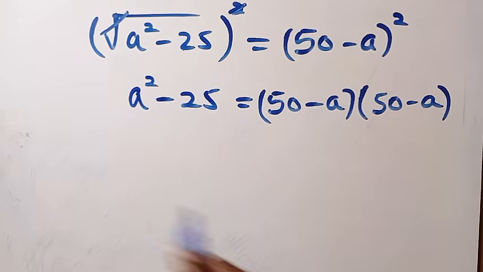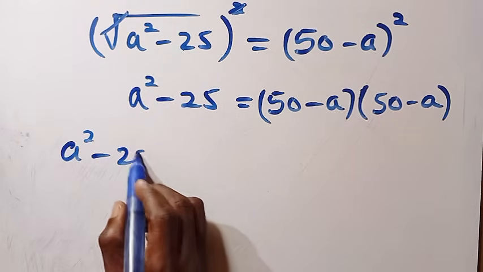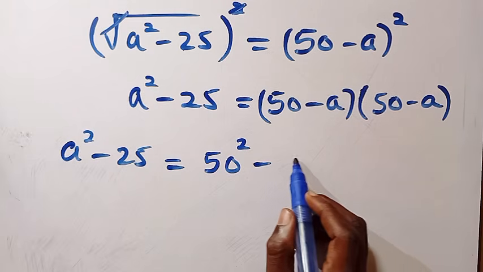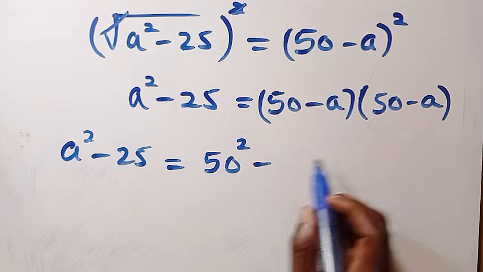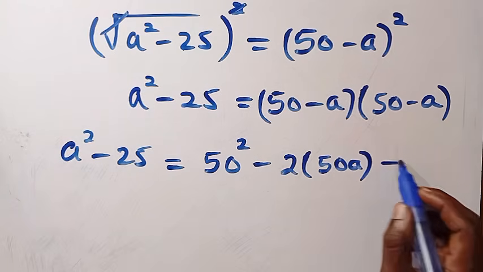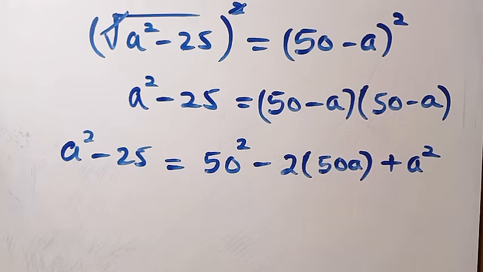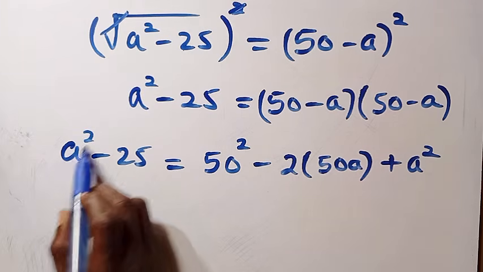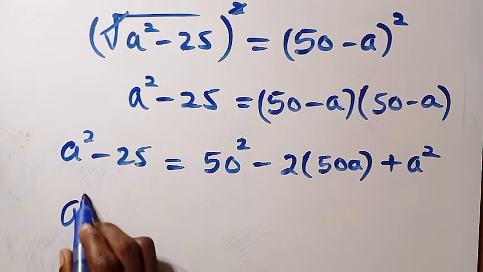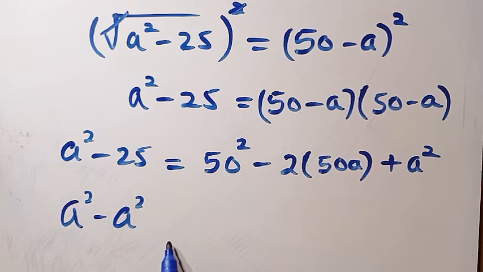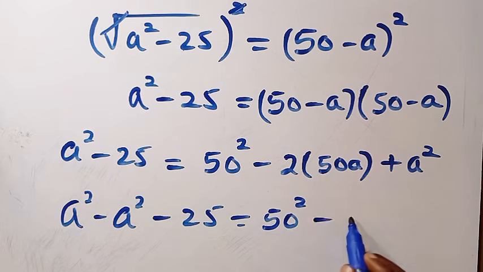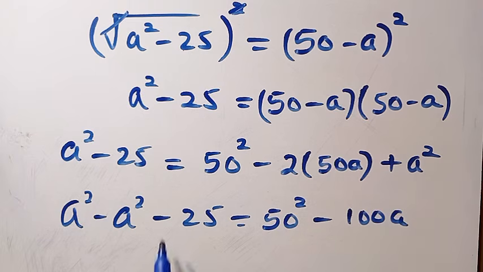And next we have a squared minus 25 equals 50 squared minus 2 times 50a plus a squared. So this is a squared, this is a squared. If I take this a squared to this side, we have a squared minus a squared. The minus 25 equals 50 squared minus 100a.